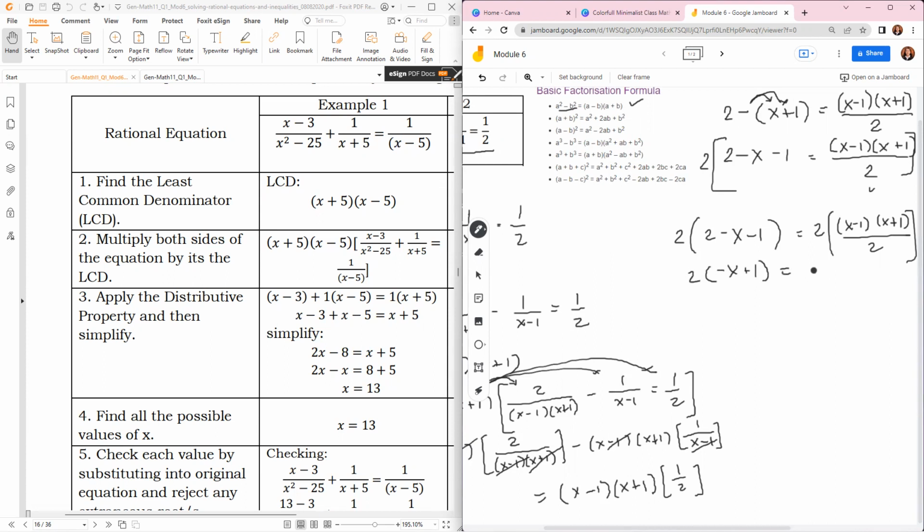On the other side, the 2 and 2 cancel out, so what remains is (x minus 1)(x plus 1).